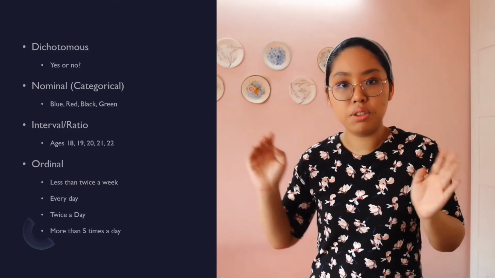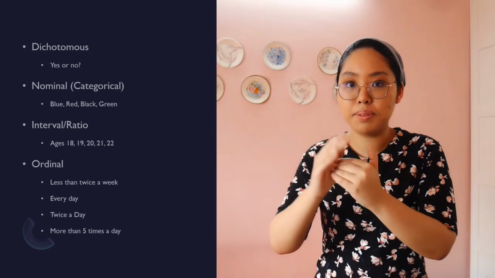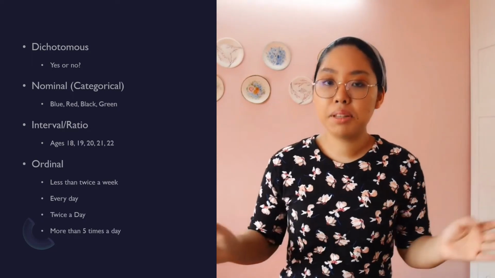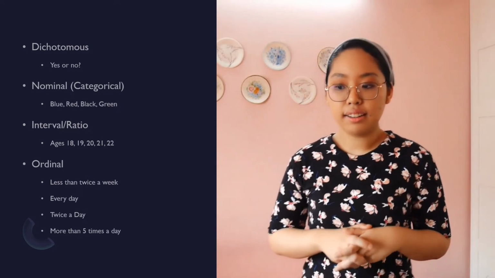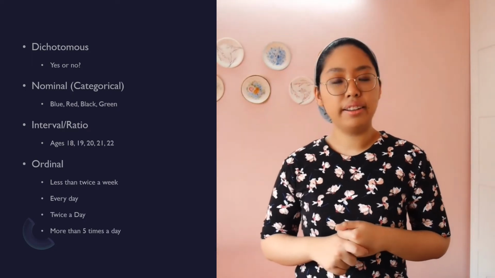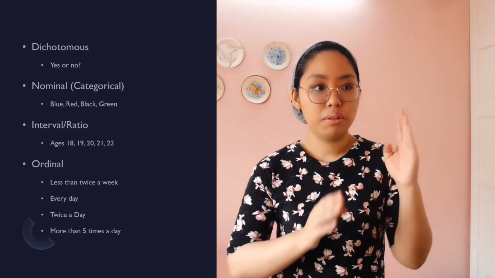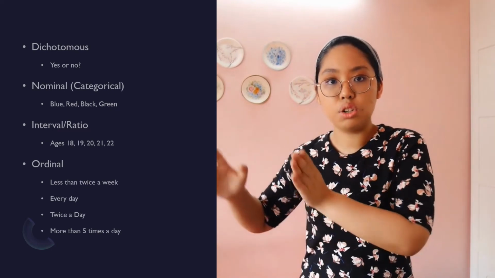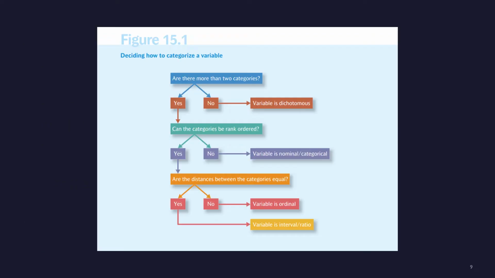They're not the same interval apart, but they do come in specific order from most to least. And some people would say that Likert scales are ordinal variables. I tend to think that they are interval variables, where there is a kind of fixed distance between each of the answer options.